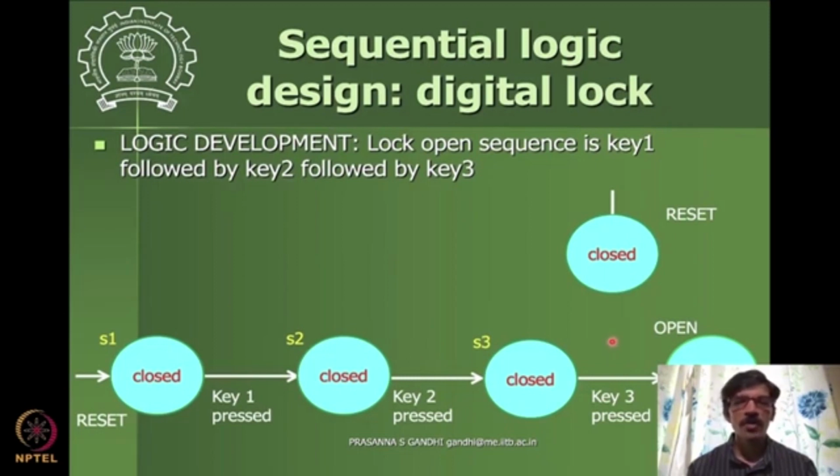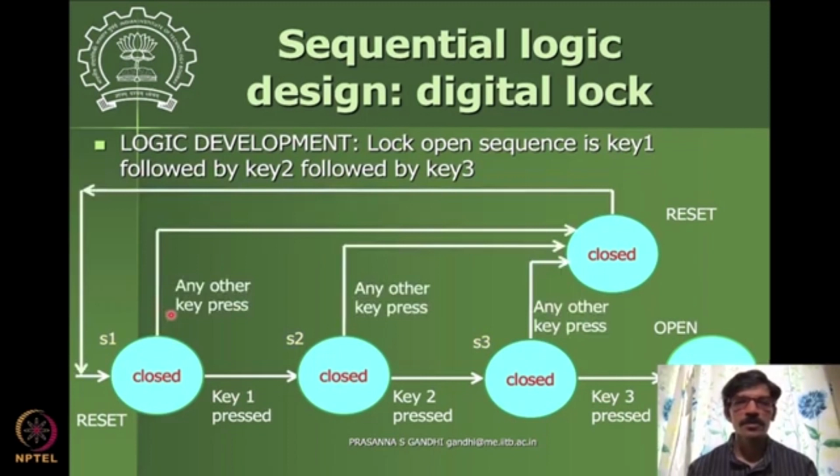Now how do we complete this diagram? Right now the key pressed is the correct key. If another key is pressed, we need to introduce that also in the state diagram. Any other key pressed takes you to the reset state, which is the closed lock. This is how one can start developing the logic for these kinds of problems.